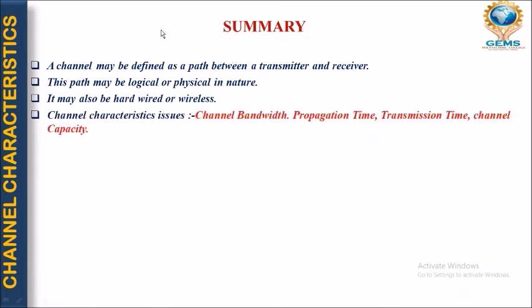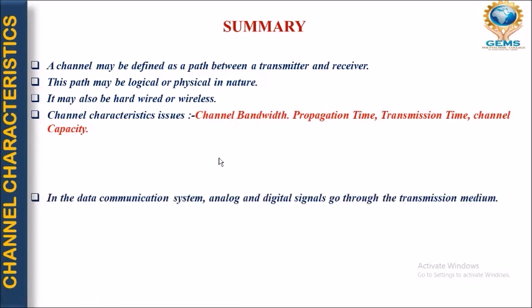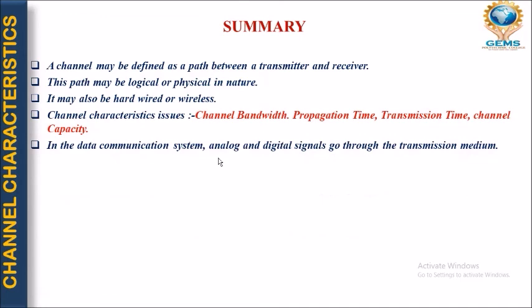Okay, so what are the good issues in channel characteristics? They are channel bandwidth, propagation time, transmission time, and channel capacity. In data communication, a signal can be transmitted either in analog form or in digital form.